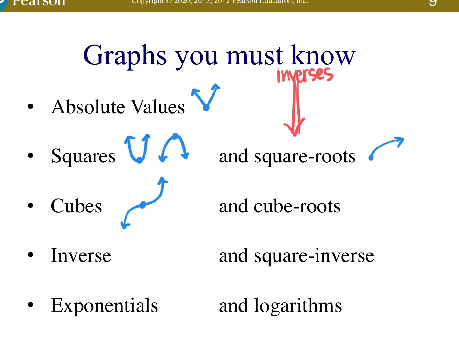Okay, so do you see how the arrows on the cube, one is going up and one is going down? For a cube root, the arrows, one is going left, one is going right. And so it looks like this. Okay, it has a similar shape to it, but it's more horizontal than vertical.